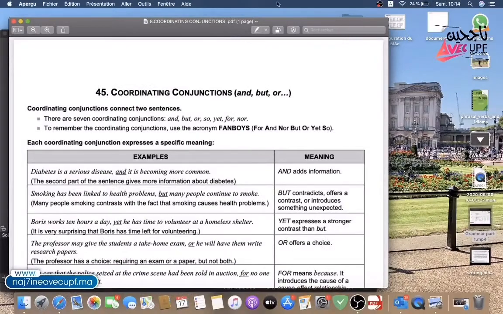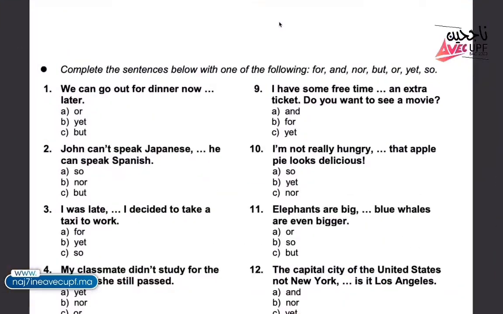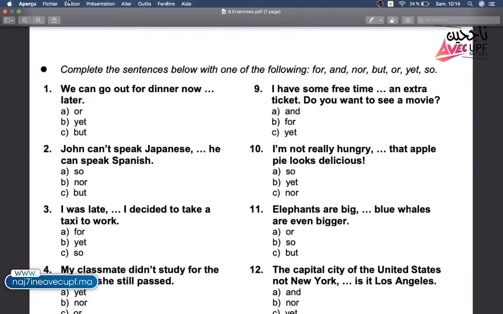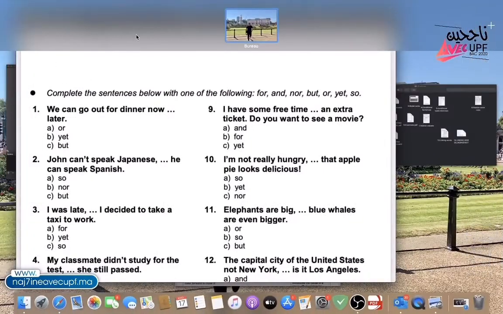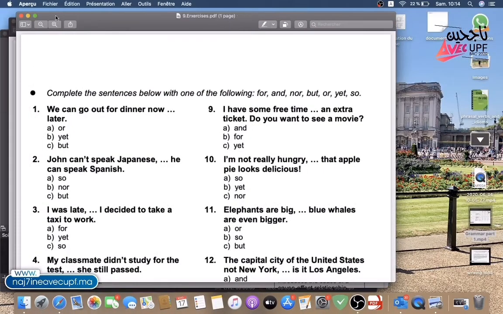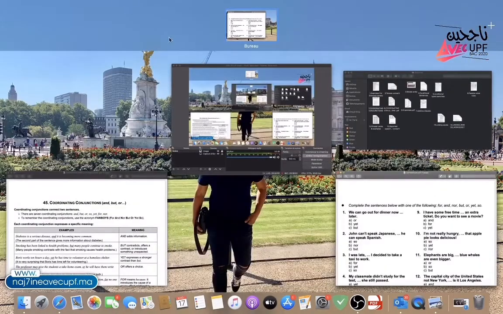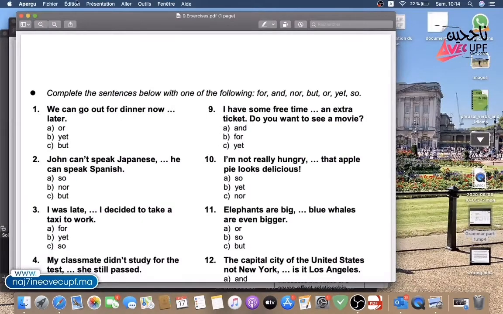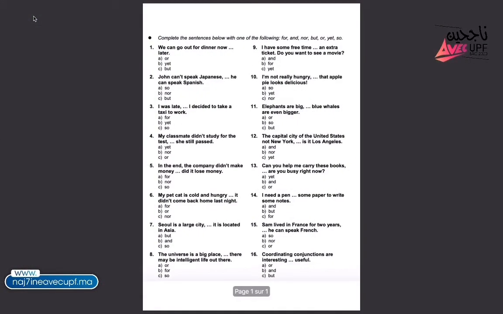We will go to part 3, which contains the exercise. Here we have some exercises. For example, number 1, we can go out for dinner now.